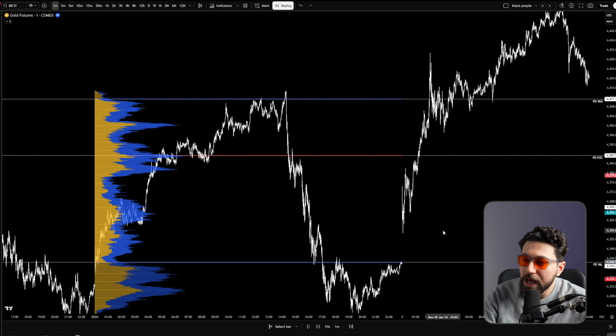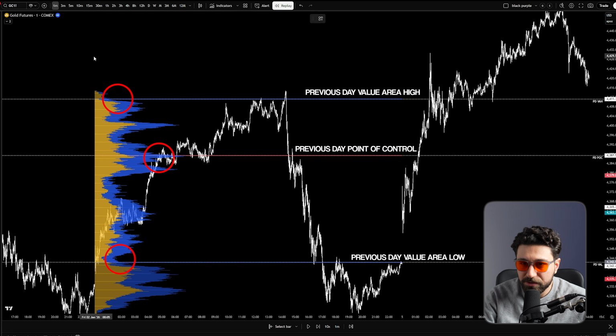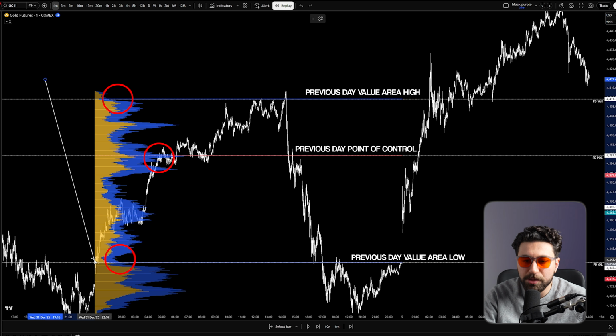So right here you have 3 levels: the previous day value area high, the previous day point of control, the previous day value area low. If you don't know what the volume profile shows, it's basically this area from here all the way to here represents 70% of transactions of the previous day.